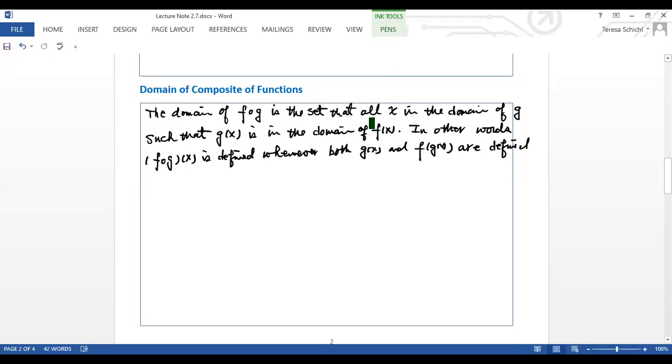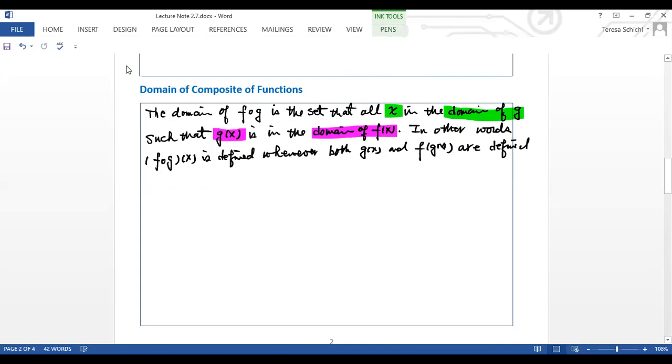So let's highlight the keywords: all the x has to be in the domain of g, and after that, the values g(x) have to be in the domain of f. This is a very important concept.